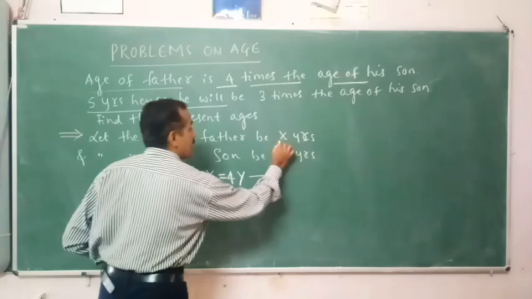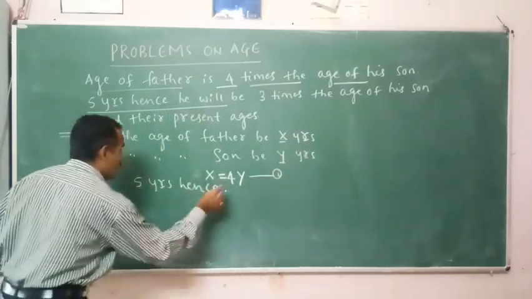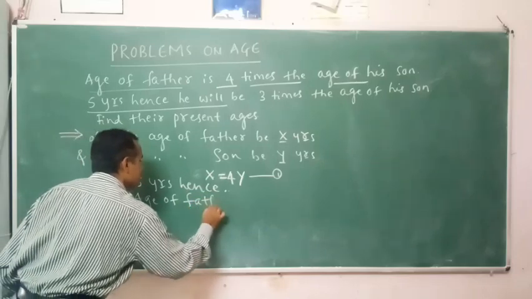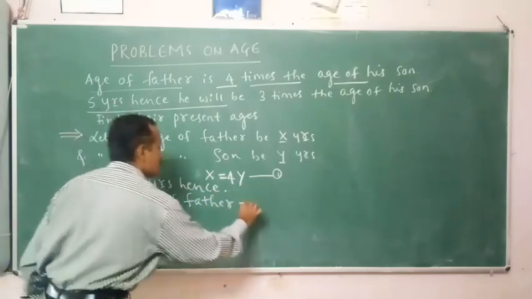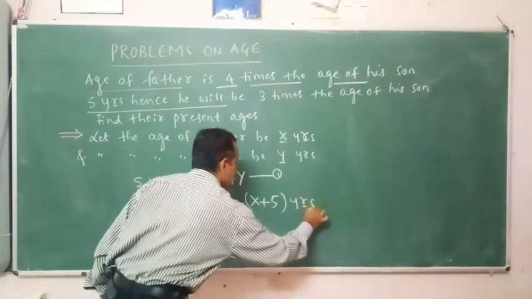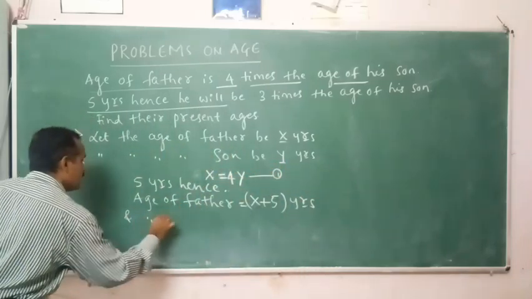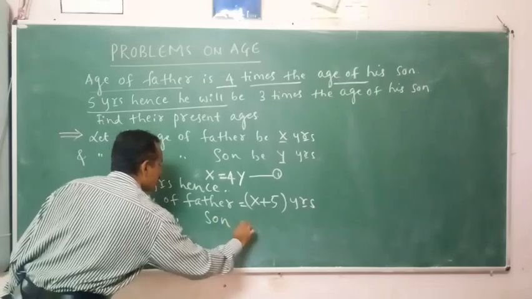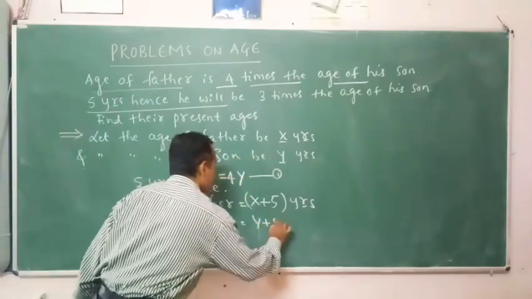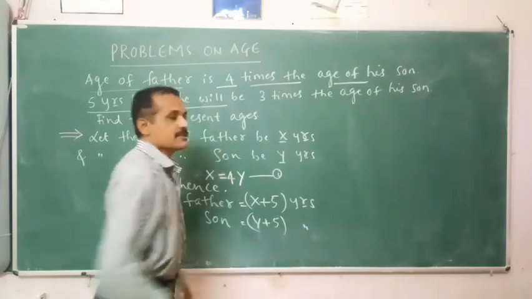Now at present, they are x and y. After 5 years, age of father is equals to x plus 5 years. And age of son is equals to, he also grows by 5 years, y plus 5 years.